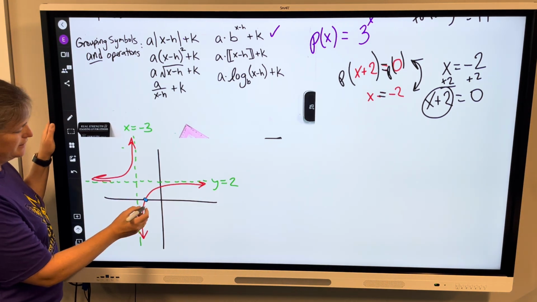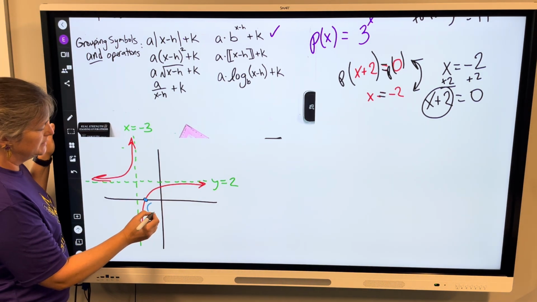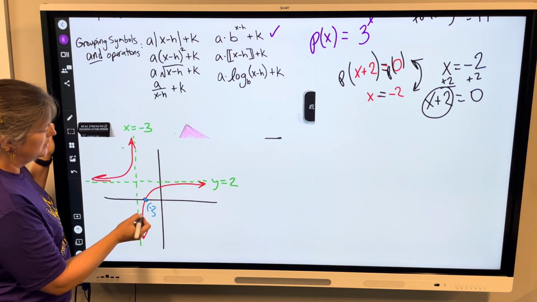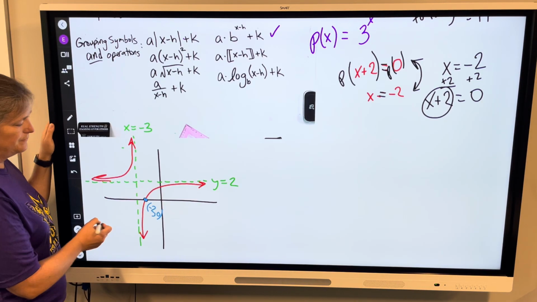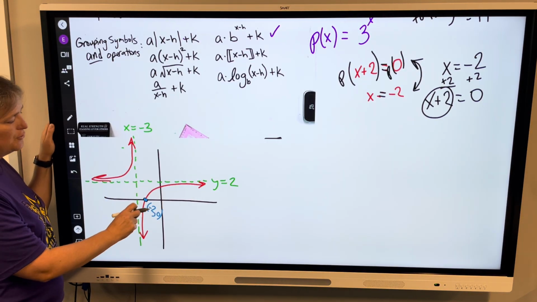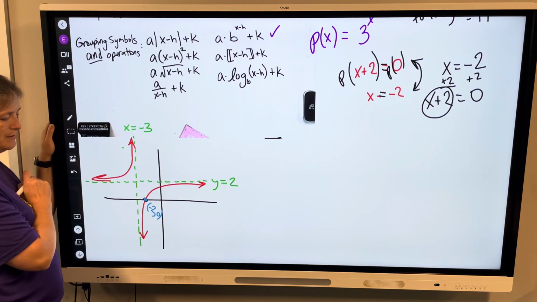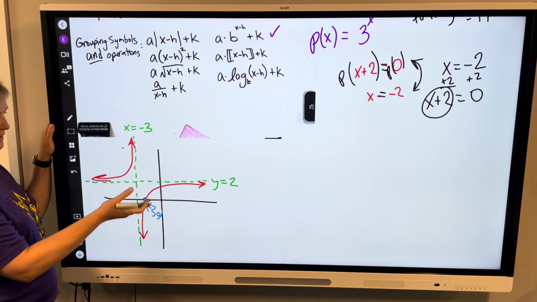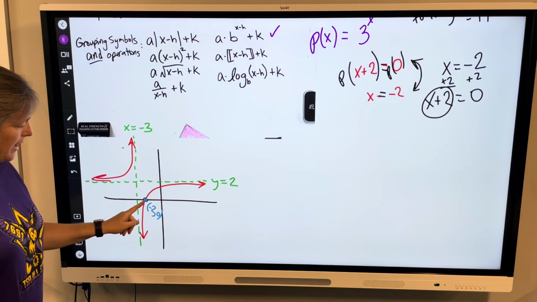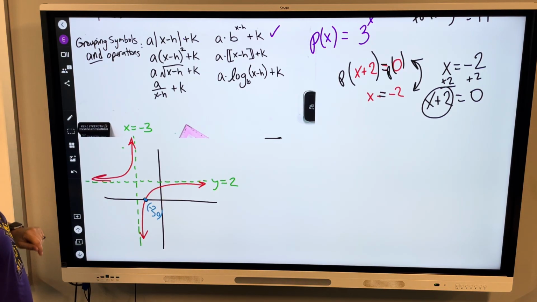This point right here, I'm going to tell you that it is -2, 0. Okay? So the rest of the grid's not there, but I know this point -2, 0, and you might be given these red lines and you can get that point off of this graph.